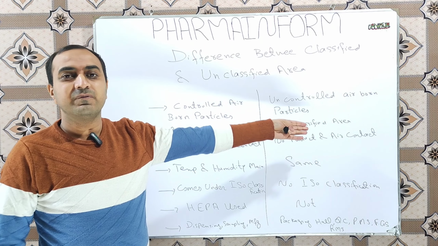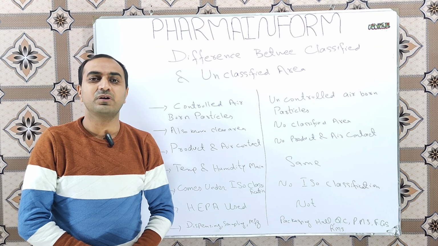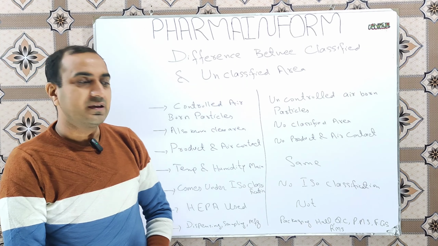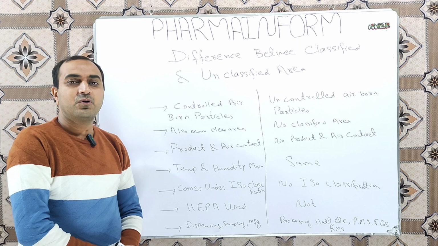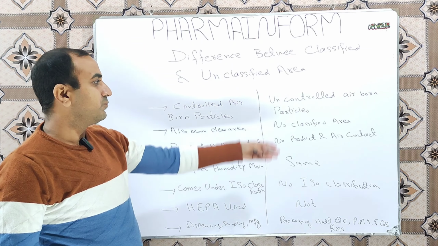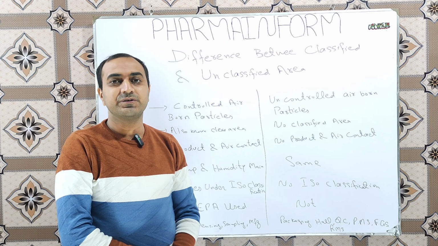Here we do not have direct contact with the air, meaning our product does not come in direct contact with the air in non-classified areas. In controlled or classified areas, we use HEPA filters, but in unclassified areas, we do not use HEPA filters.